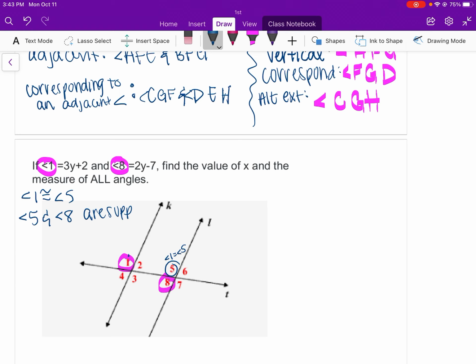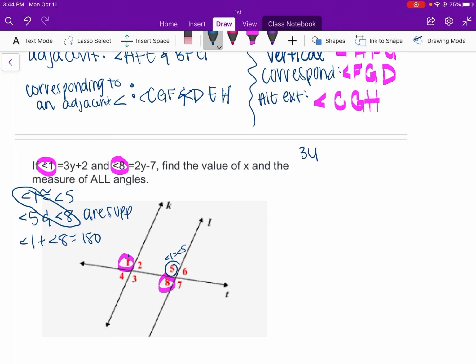So that means 1 and 8 are also supplementary, and our formula is angle 1 plus angle 8 equals 180.